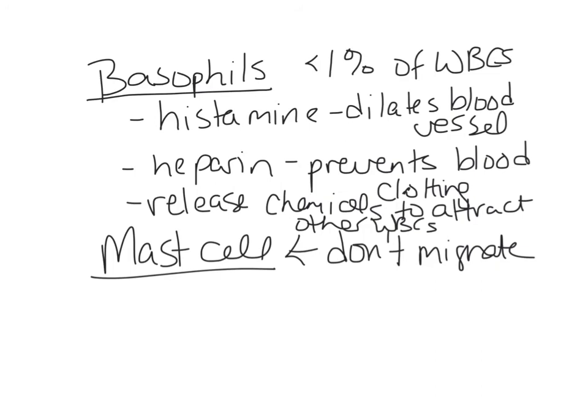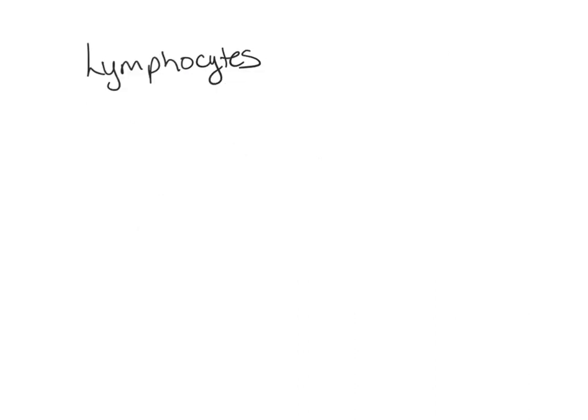They're always trying to get their buddies to come to the fight. So basophils, they're a white blood cell. They're going to release chemicals to bring in more basophils, more eosinophils to help out with the fight. Mast cells don't do that. There's 20 to 40% of all white blood cells are lymphocytes, so they're second most numerous.